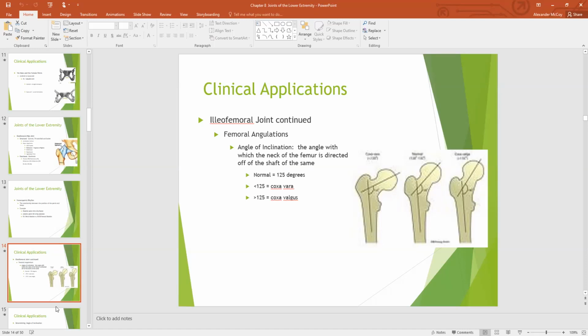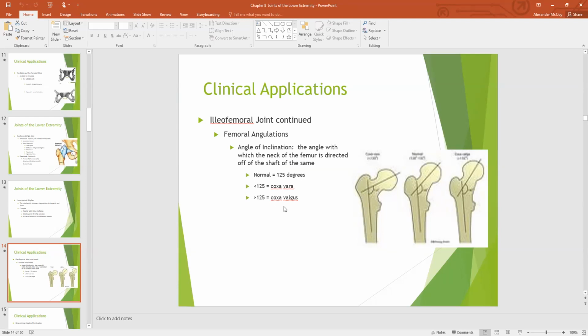With the femoral head, this is really interesting, at least I think it's interesting. With the femoral angulation, we have something called an angle of inclination. What this means is the angle that is formed with the neck of the femur and the shaft of the femur, okay? So like you see here, there's a line drawn through the neck of the femur and the shaft.